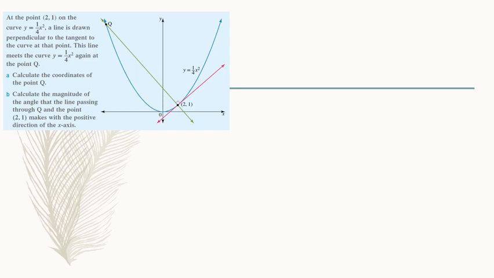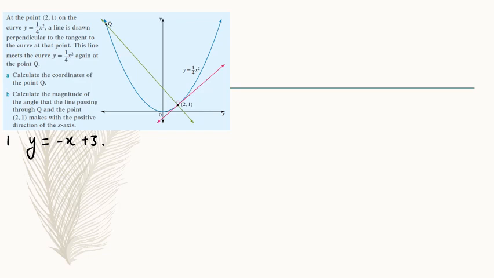Alright, so now we're up to part B, calculating the magnitude of the angle that the line passing through Q and the point (2, 1) makes with the positive direction of the x-axis. Now, if you recall, on the previous part, we have y equals -x plus 3 for this particular equation.